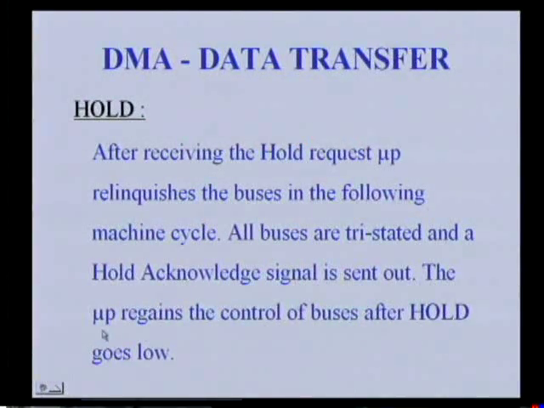Next, the microprocessor regains the control of buses after hold goes low. So until data transfer takes place by the DMA controller, this hold pin will remain high. After completing data transfer, this hold pin will be made low by the DMA controller so that the microprocessor regains the control over the buses.